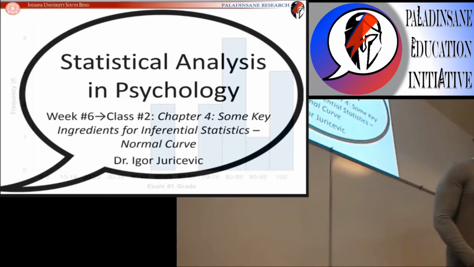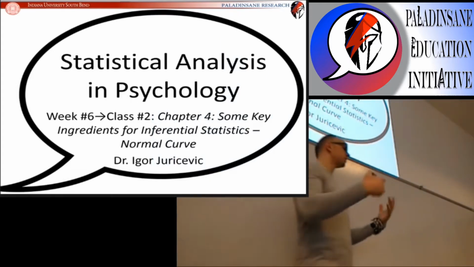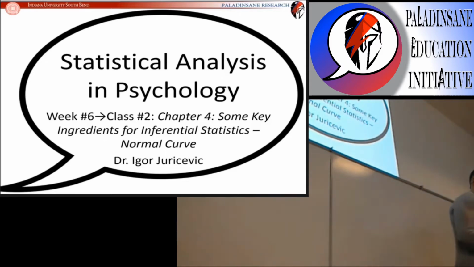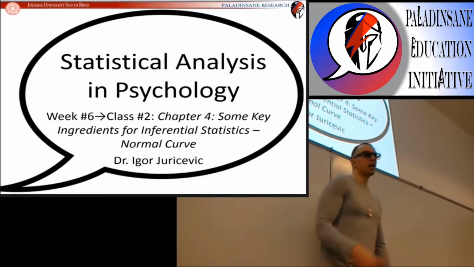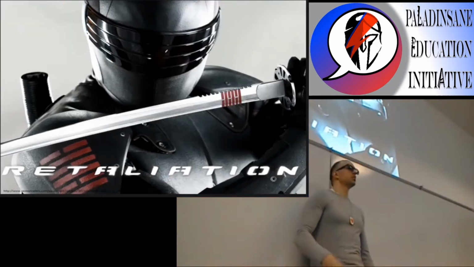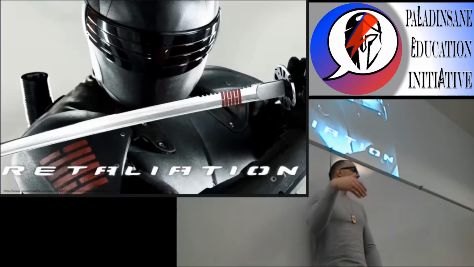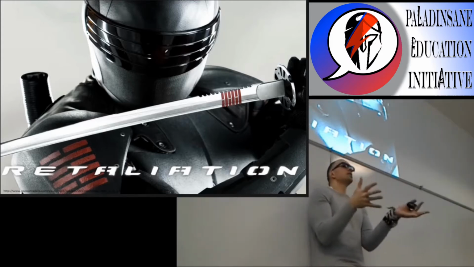All right, so today we're going to wrap up our look at inferential statistics, wrap up our look at the normal curve. And once again, we are getting so close. We got a couple of more steps before we get to the point where we can start taking a look at actual experiments. We're going to visit some key experiments from the history of psychology to see what these psychologists actually did.